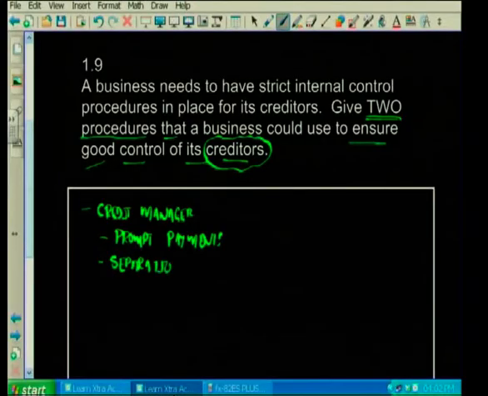Whenever you are dealing with your creditors, there should also be separation of duties. We've alluded to this when we dealt with our debtors. Separation of duties. In other words, the person that is ordering the goods should not be the person that is receiving the goods. Why?